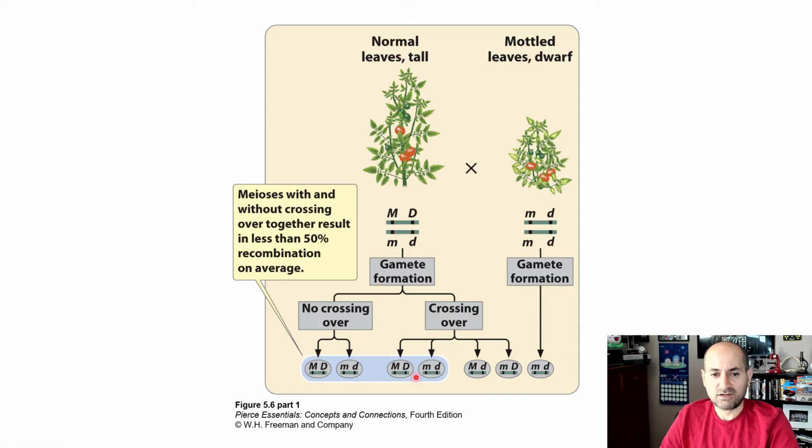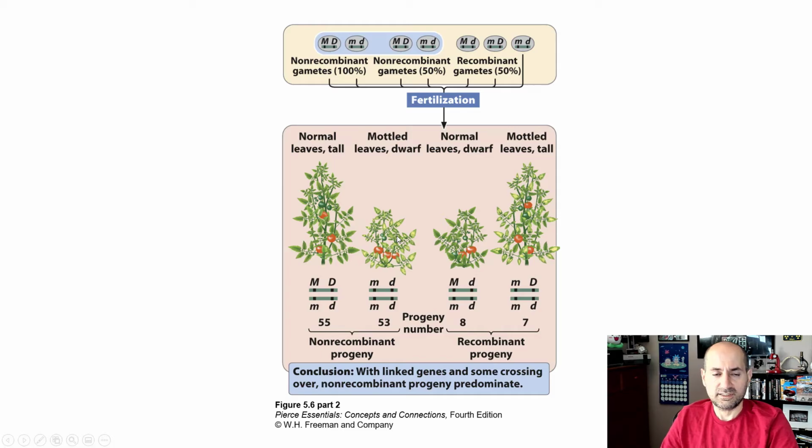So you get half non-crossovers and half crossovers, big M, little d, little m, big D. So these are your pool of gametes here. And so what are the possible configurations? Well, I would say, okay, what happens if this gamete fertilizes this egg, this gamete fertilizes that egg? And so you can break it down, you could predict the outcomes.